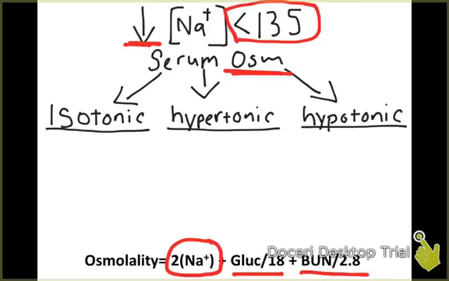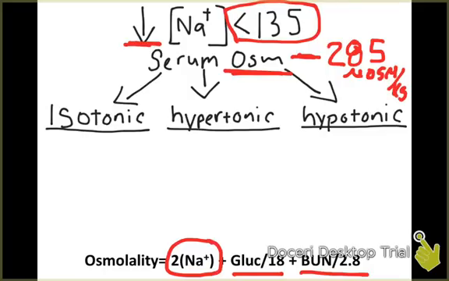So, the first step after you identify low sodium from a lab value that you've ordered would be to get a serum osmolality. And after you get that, remember we're using these terms interchangeably. When we say isotonic, that's similar to saying isoosmotic. To back up one step, remember we said the normal serum osmolality was 285 milliosmoles per kilogram.